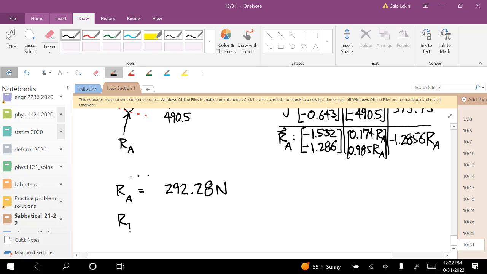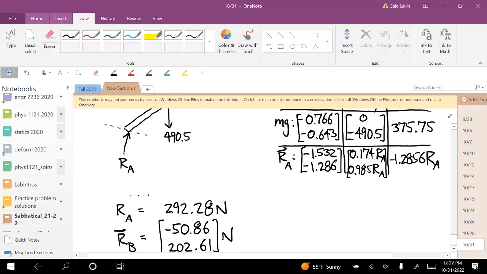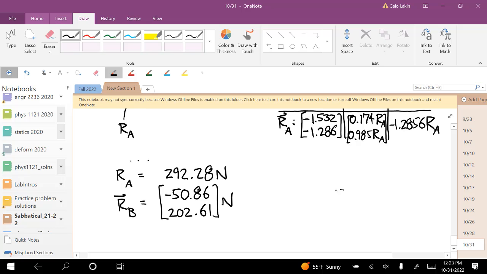And then RB is a vector, and it's negative 50.86, positive 202.61. Okay, you've done problems like that a million times.